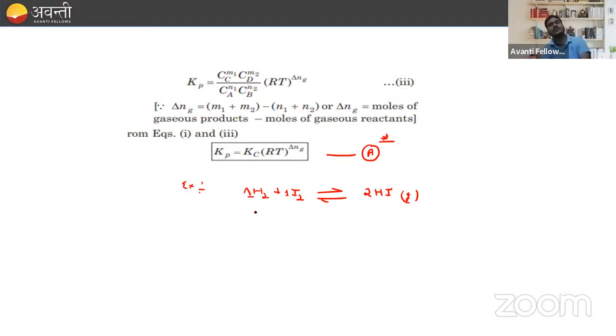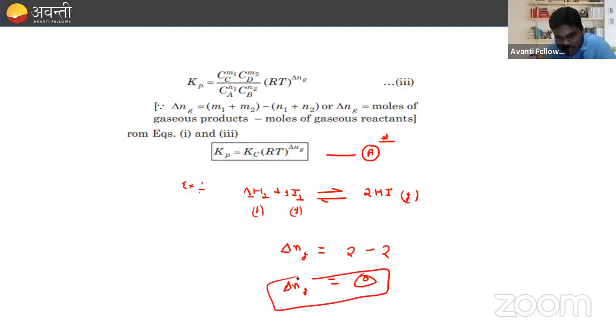One mole of H2 and one mole of I2 combine together to form 2HI. So how will you calculate delta Ng? H2 is gaseous, I2 is also gaseous, and HI is gaseous. Delta Ng is the summation of moles of gas on the product side minus the reactant side. On the product side we have only 2HI, so the number of moles is 2. On the left-hand side, 1 mole of H2 and 1 mole of I2 make 2. So 2 minus 2 is equal to 0. For such a case, delta Ng is equal to 0, and then Kp is equal to Kc. Just remember this.